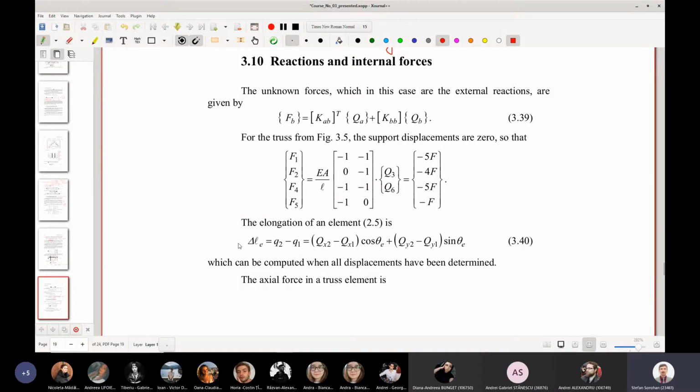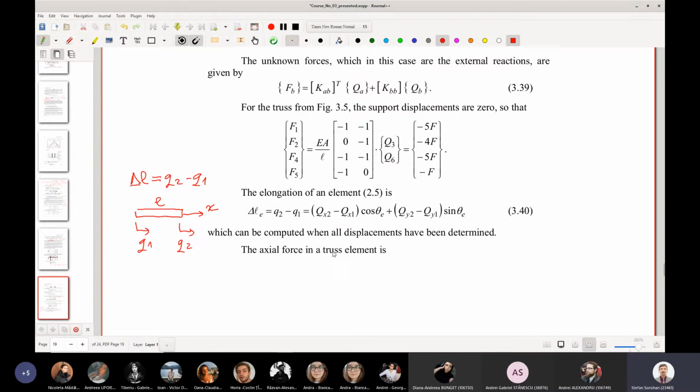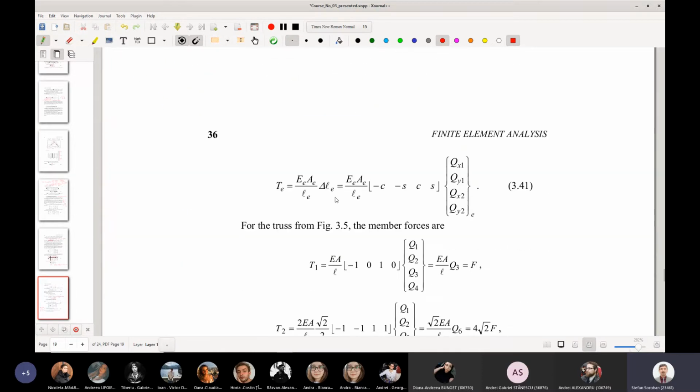After that, if we go back to the first part where we defined it, please remember this equation. This is the element, and Q1 and Q2 are displacements for this L, and of course the elongation is Q2 minus Q1, according to this x, small x. And after that, if we take again the relation between local and global systems of coordinates, you can take capital displacements and theta here, and we can obtain the elongation, and using the elongation, you can obtain the internal loads.